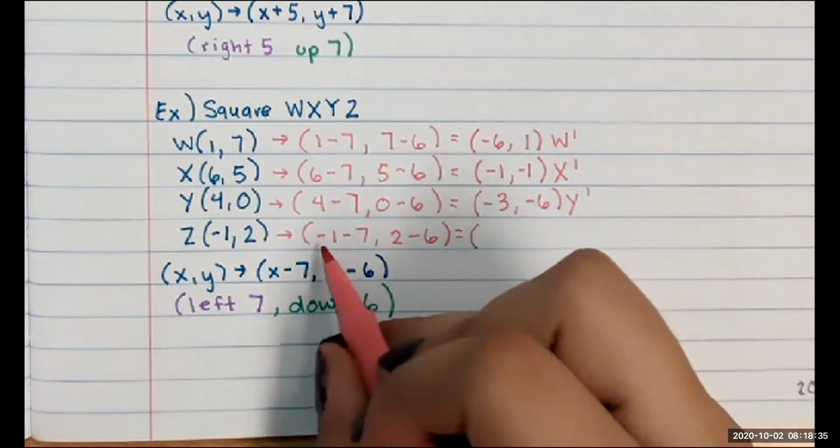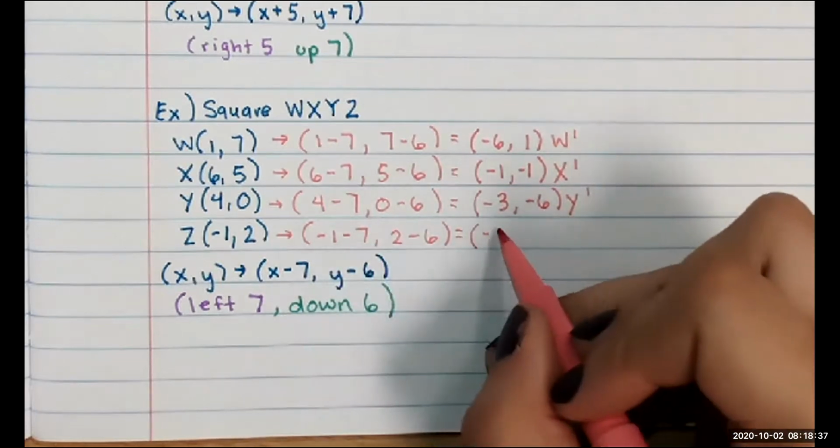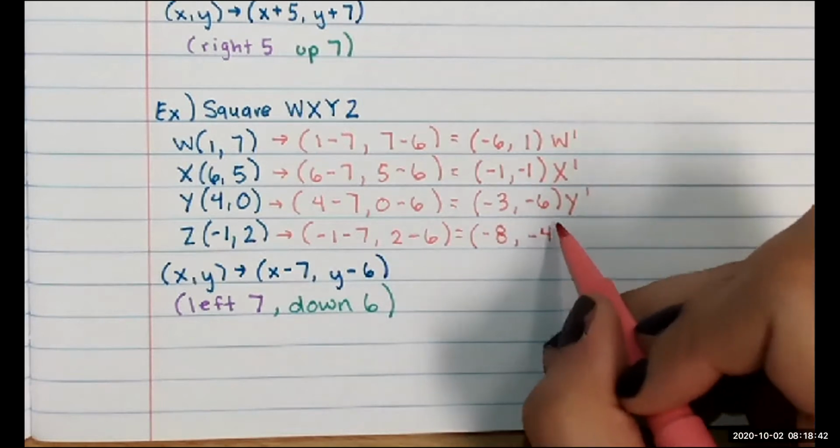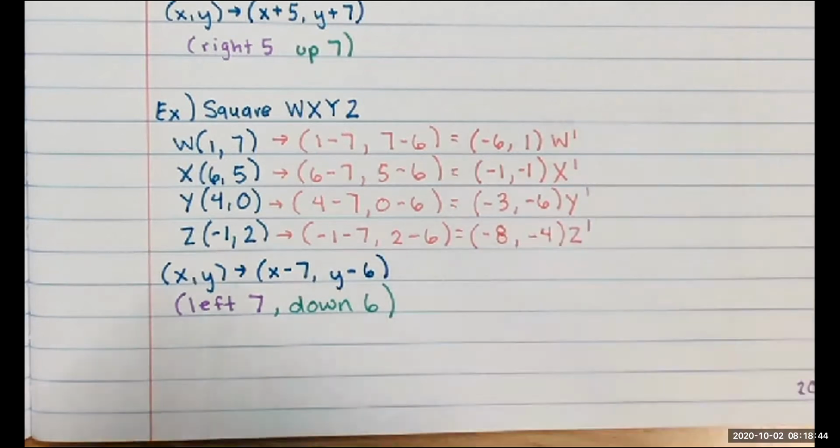And lastly, -1 minus 7 is -8, and 2 minus 6 is -4. So today is just a whole lot of adding and subtracting, my friends. Nothing you can't handle without a calculator.